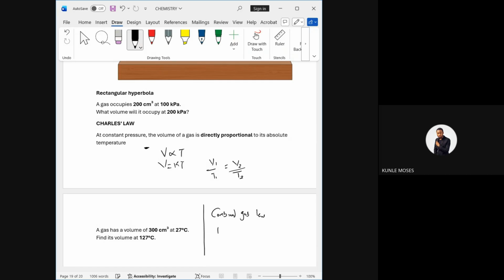Combined gas law and ideal gas equation. Do you have anybody with any questions so far?